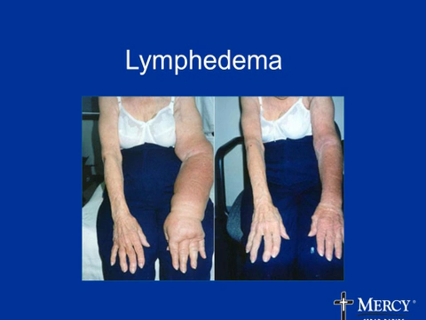Ways that we try to avoid lymphedema is avoid blood pressure readings from the side that had surgery, and we also typically tell patients to not get IV drawn from the side that had surgery. If a patient does develop this complication, we do have treatments.